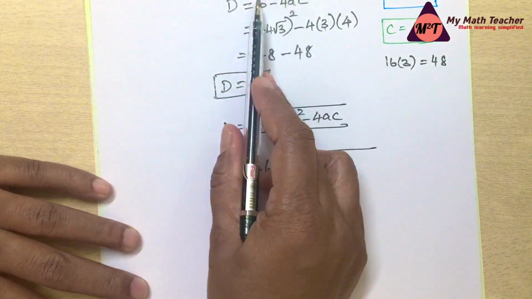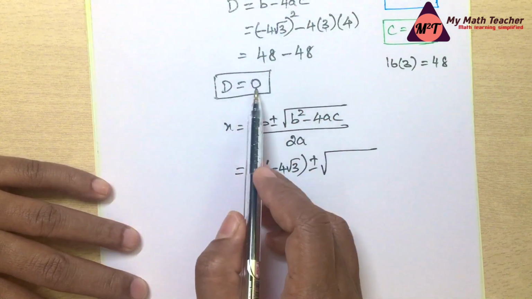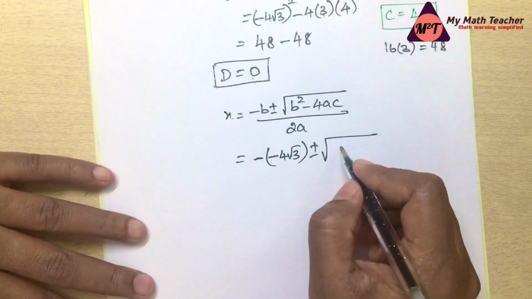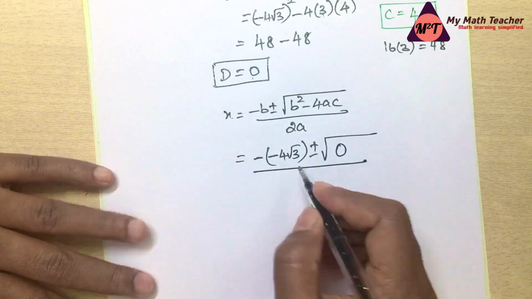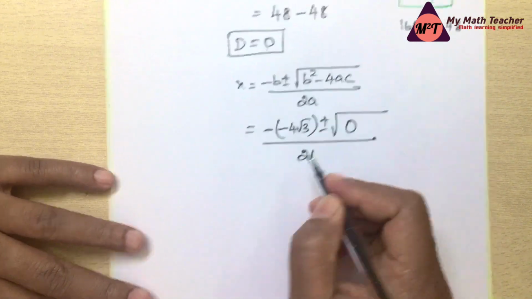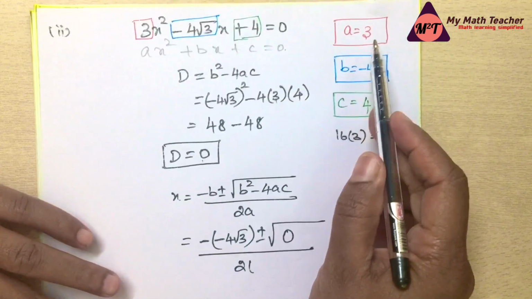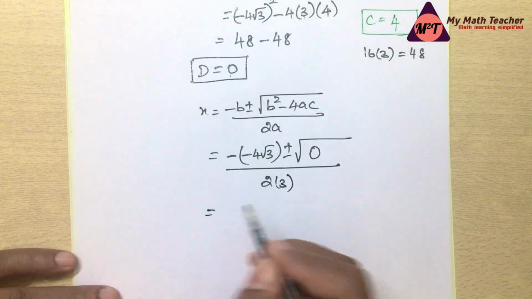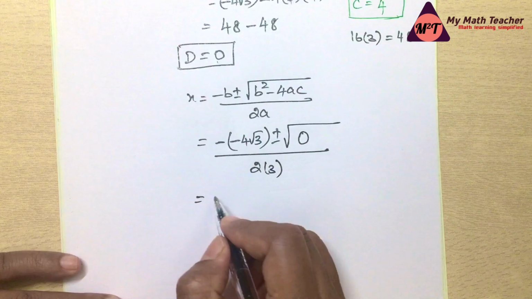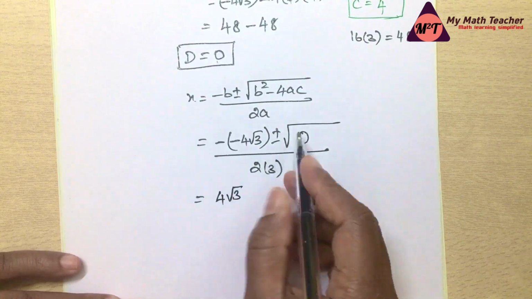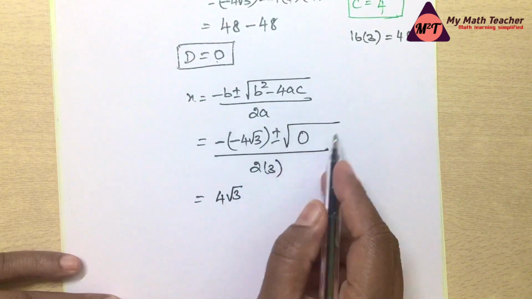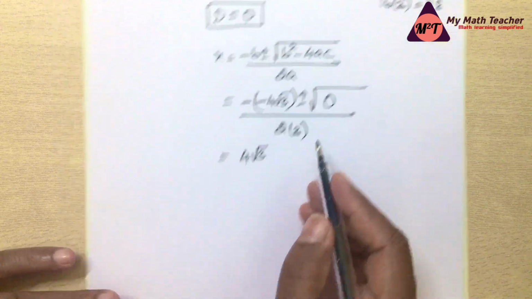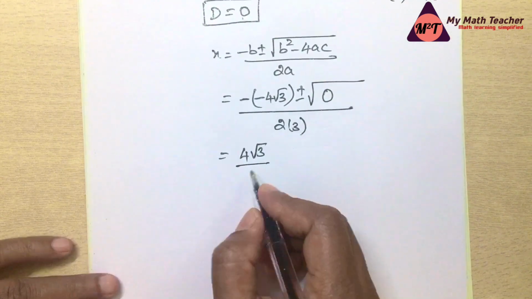Already you know the value, finally we have got this as 0. Divided by 2 into a, and a is 3. Minus into minus becomes plus 4 root 3 plus or minus 0. We need not consider this because it is 0. Divided by 2 3s are 6.